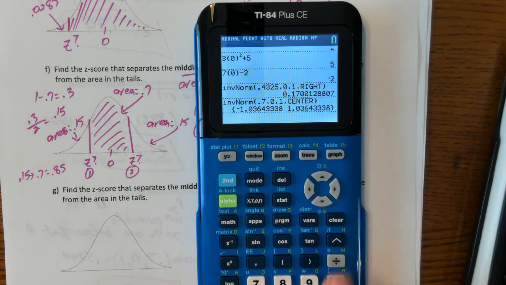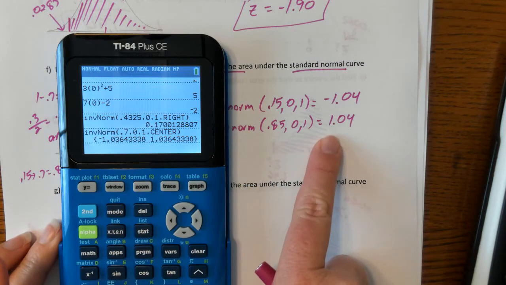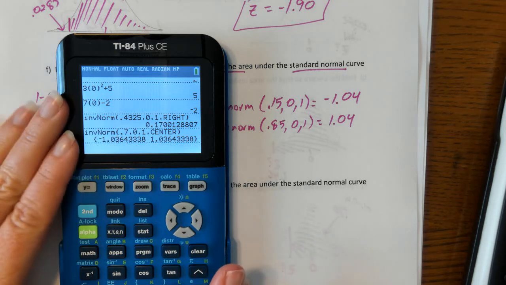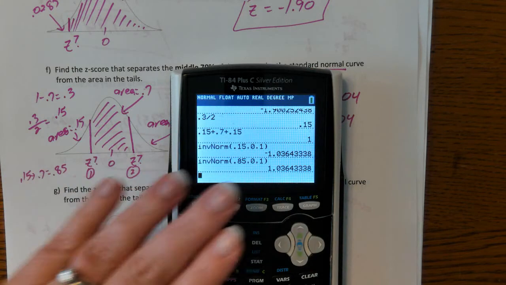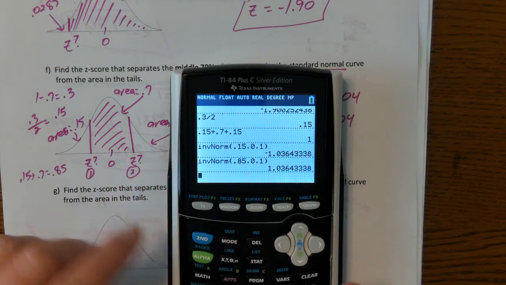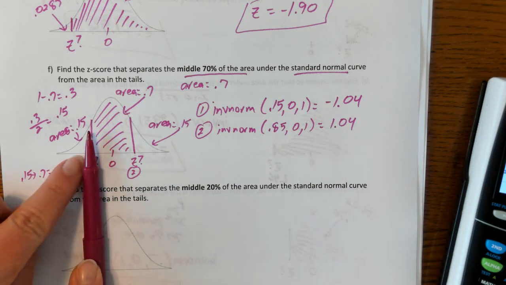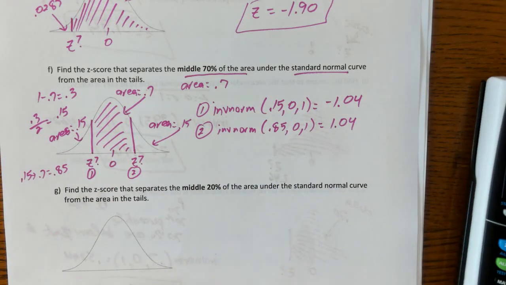And then when you paste it in, it's going to come up with the negative 1.04 and the positive 1.04 at the same time. So if you have the newer 84 that does that, that's cool. If you don't, you can still do the same thing with the regular 84 or regular 83. You just have to recognize, hey, I have to give the area to the left. So 0.15 and 0.85 were the areas to the left for this one.